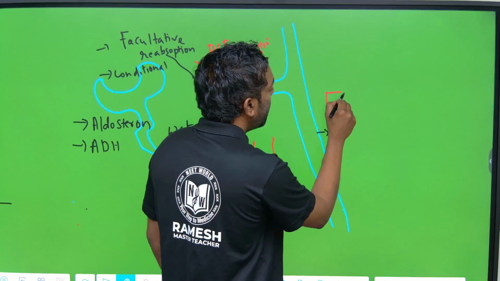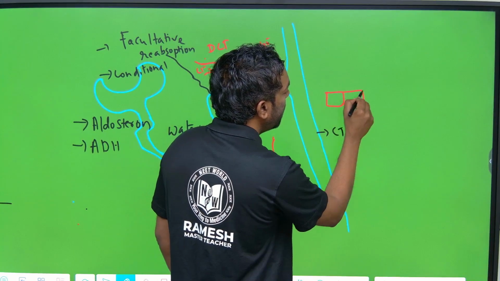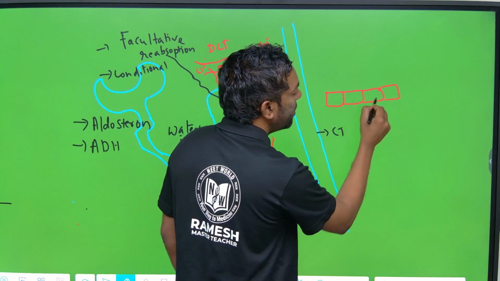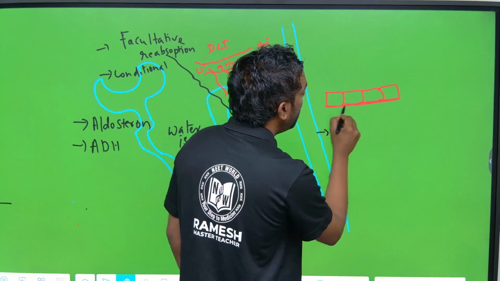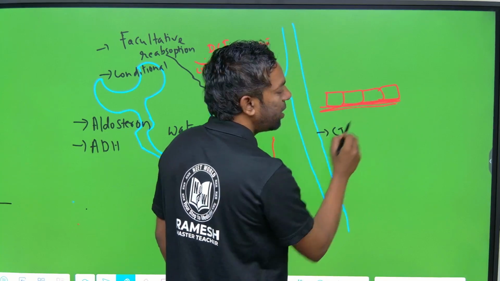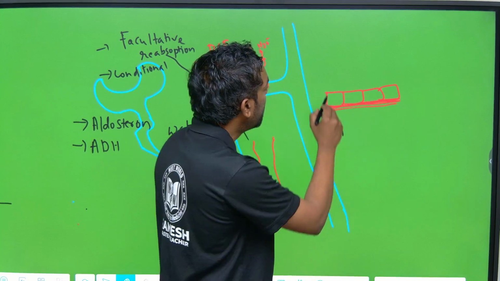This is the DCT, made up of cuboidal epithelial cells.